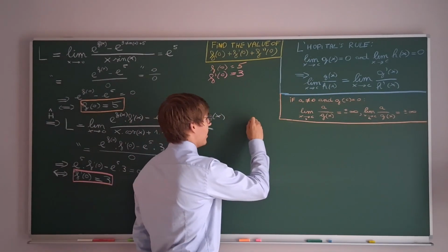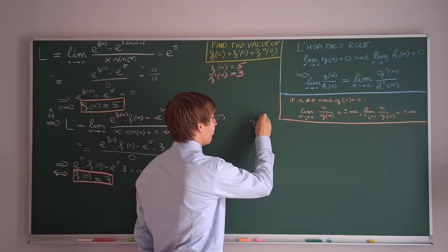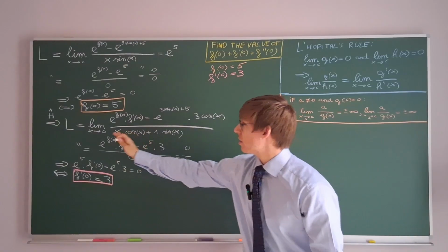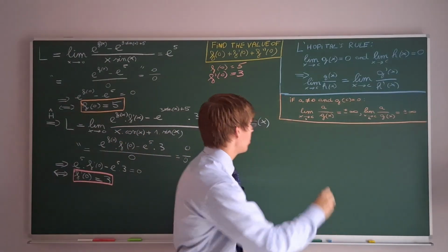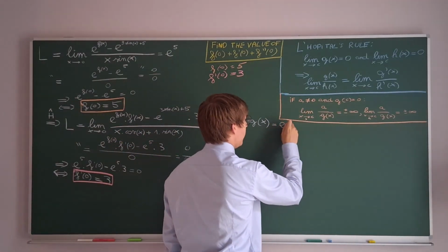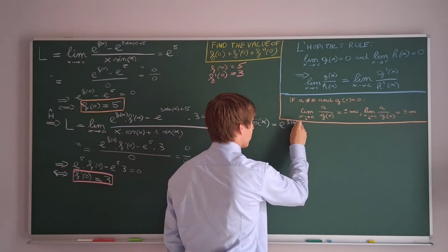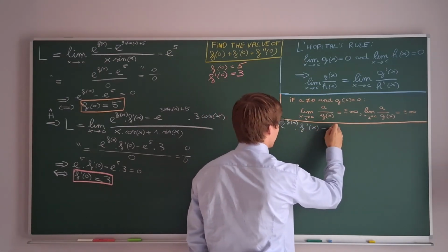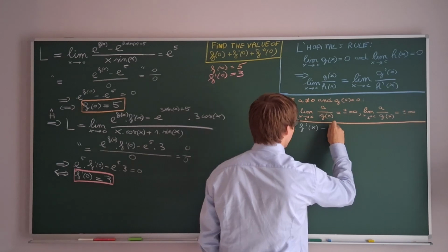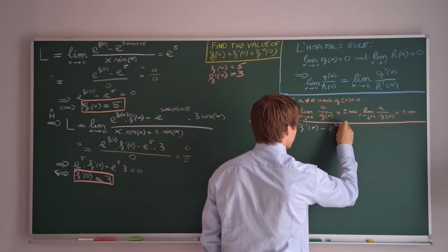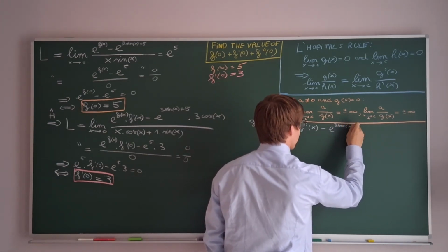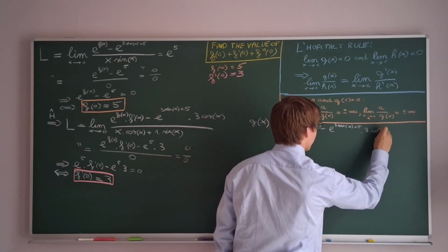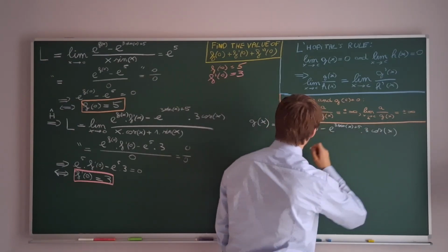So let me just write g of x as the numerator of this fraction, which is e to the f of x times f prime of x minus e to the 3 sine of x plus 5 times 3 cosine of x.